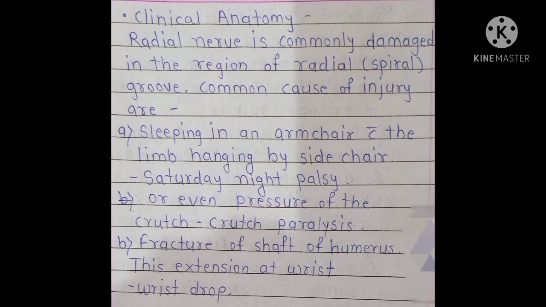Then the second condition is fracture of the shaft of the humerus, which leads to loss of extension at the wrist, which is called wrist drop. So these terms are important: Saturday night palsy, crutch paralysis, and wrist drop.